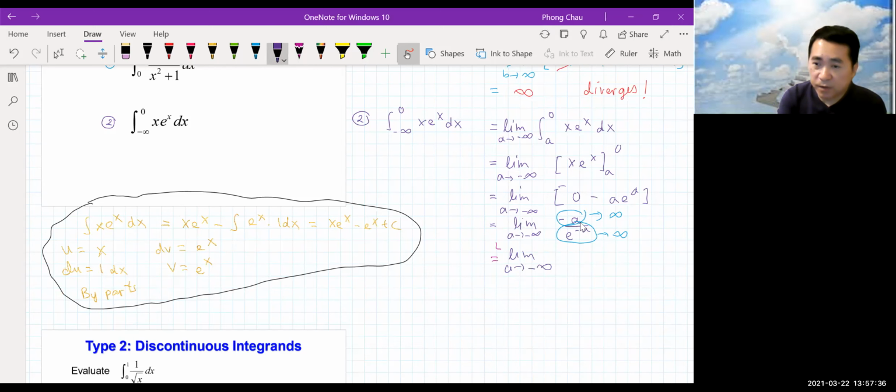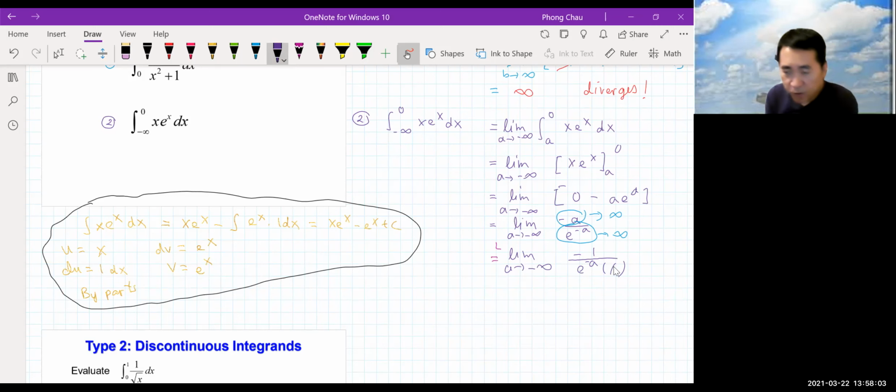The derivative of negative a, thinking of a as a variable, is negative 1. And the derivative of e to the negative a is e to the negative a times negative 1.